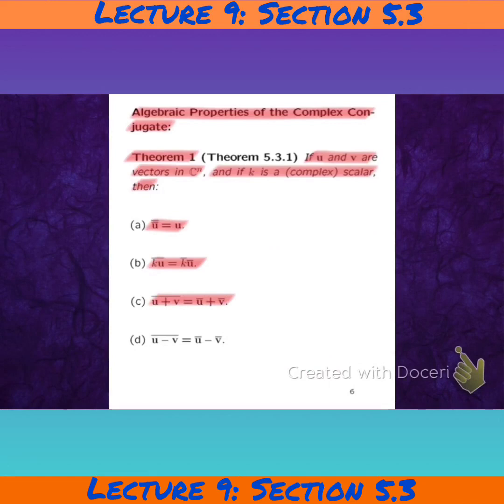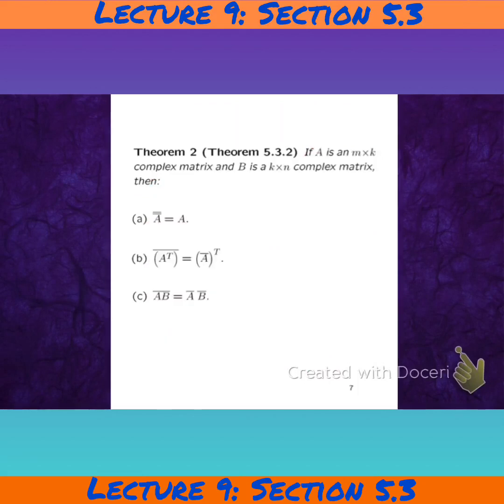If you take the conjugate of the sum of two vectors, it's the sum of the conjugates. If you take the conjugate of the difference between two vectors, it's the same as the difference between the conjugates. Then when it comes to matrices, if A is an m by k complex matrix and B is a k by n complex matrix, it works the same there.